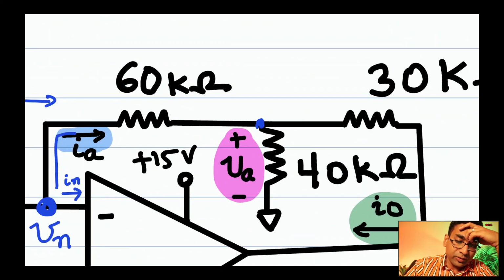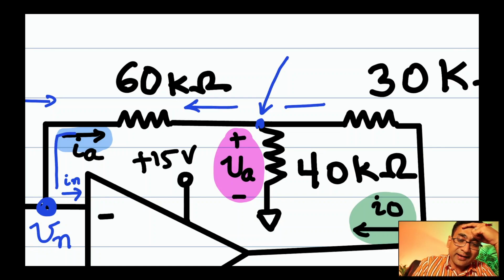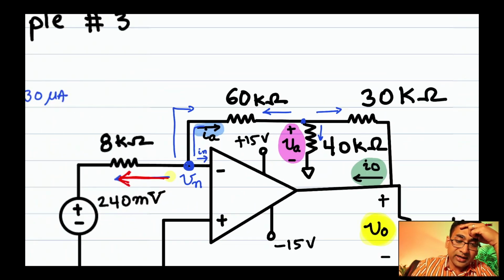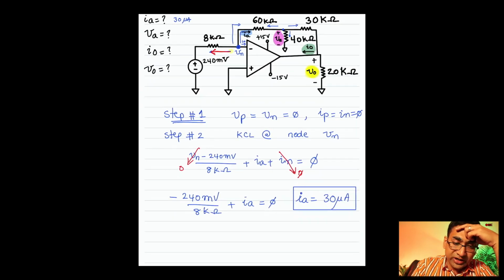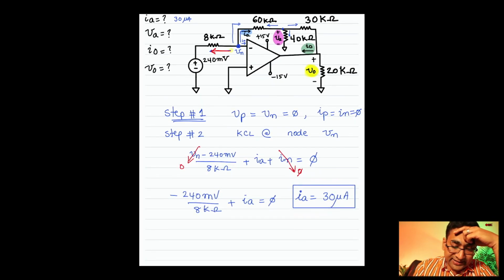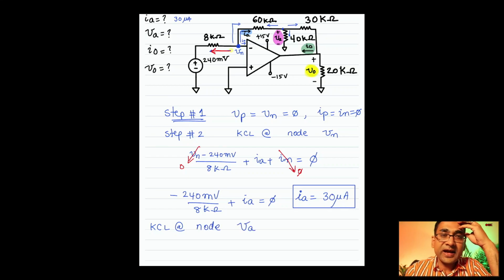Now the next step is to calculate VA. So what I'm going to do is to write node equation KCL at that node. Sum all the currents leaving that node. This is KCL at node VA.